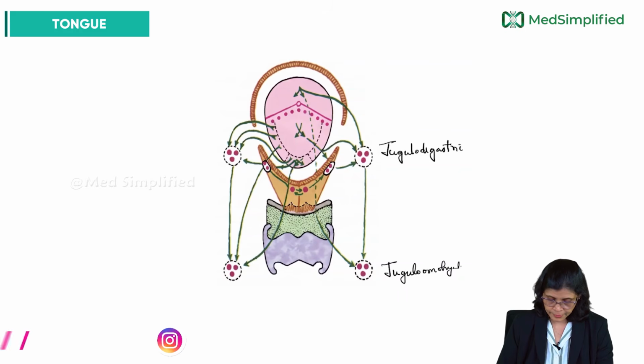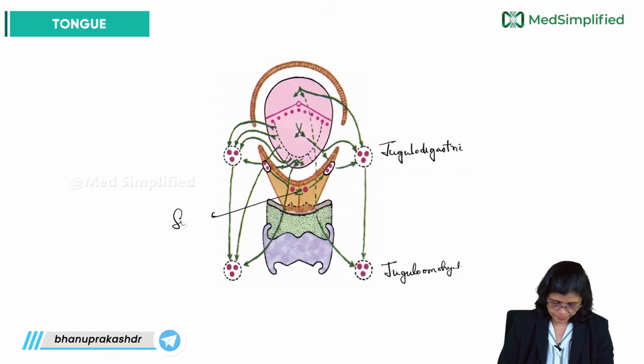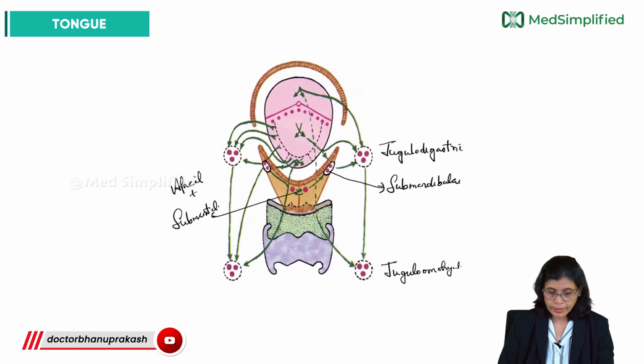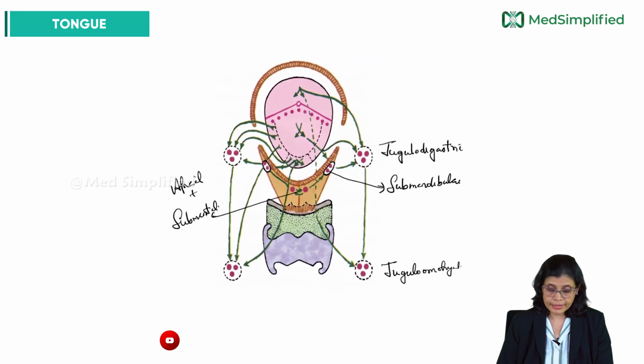Then we have the apical, this is submental here. Then we have the submandibular. Here the apical and submental will be there in the midline. So these are the groups of lymph nodes which will be draining the tongue.